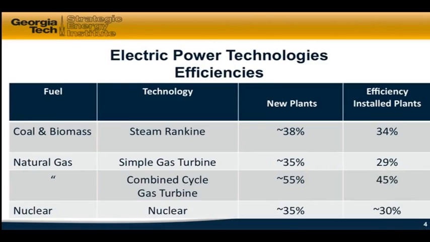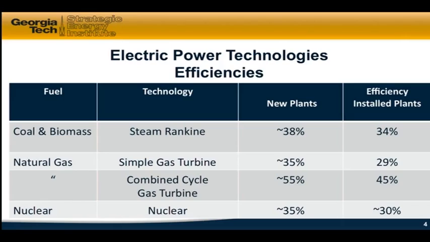The efficiencies are particularly important for the fossil fuel plants, and if we look at coal and biomass, because biomass is just used in the same way as coal to fire the boiler, then the new plants are up a little above 35% on peak efficiency.